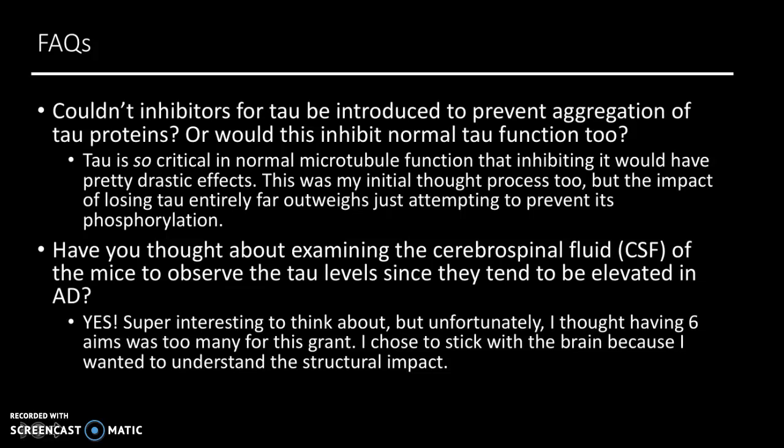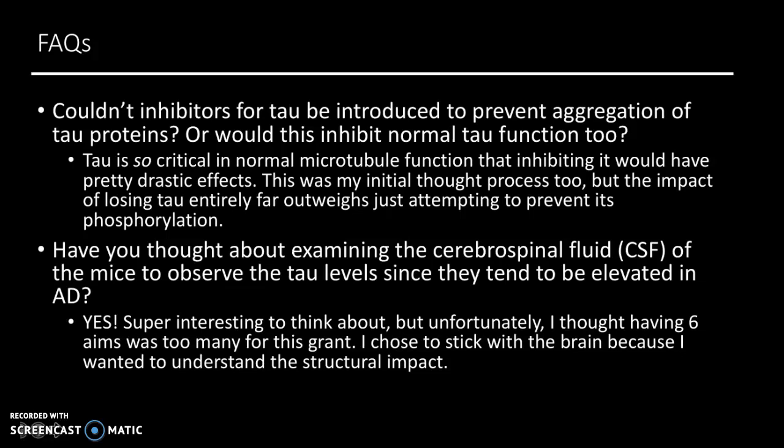Then have you thought about examining the cerebrospinal fluid of the mice to observe the tau levels, since they tend to be elevated in Alzheimer's disease? Yes. This was another option that I considered. I didn't think I should have 6 aims, but I did choose to stick with the brain because I really wanted to understand the structural impact, especially in the hippocampus, because those kinases, like the MARK kinase, function almost, not exclusively, but really powerfully within the hippocampus.